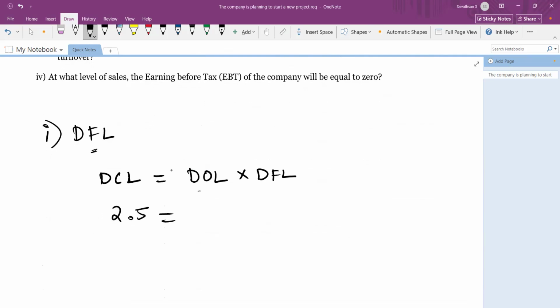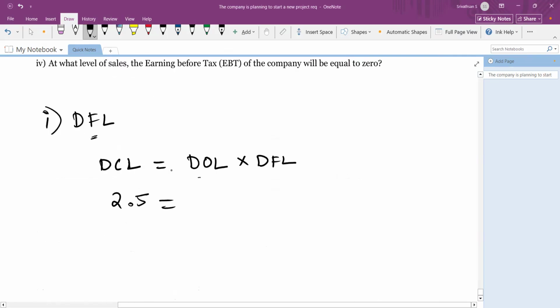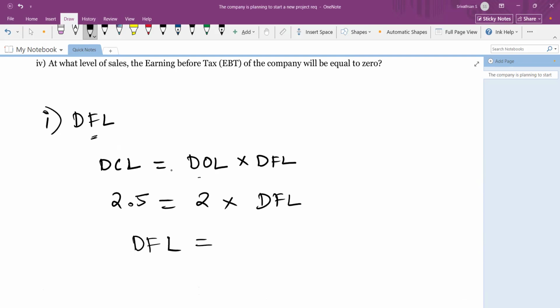Degree of operating leverage is 2 times given in the question, into DFL, which we need to calculate. So DFL will be equal to 2.5 divided by 2. We get 1.25 times. So degree of financial leverage is equal to 1.25 times.